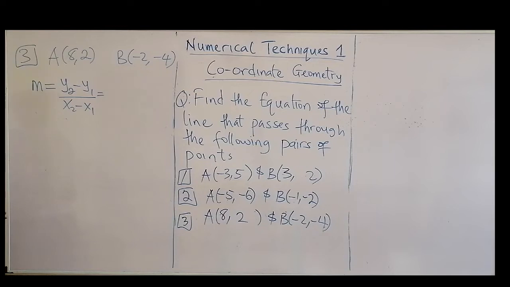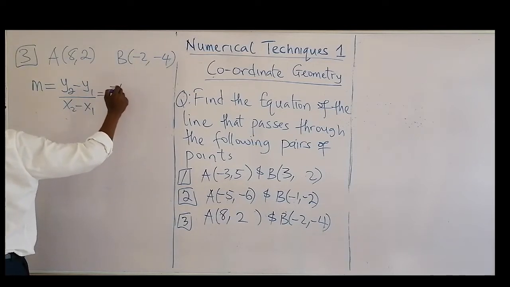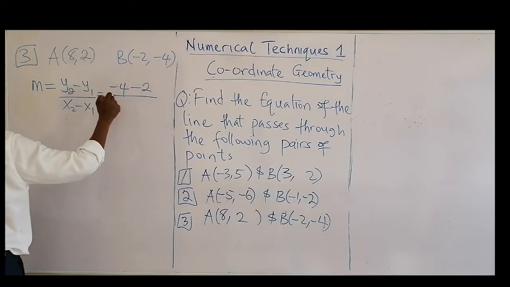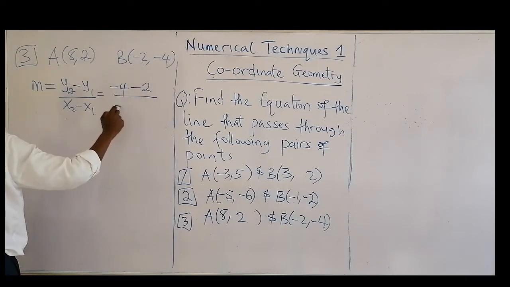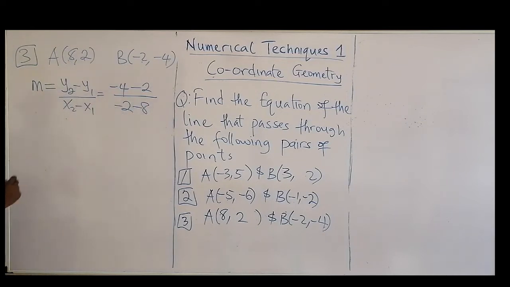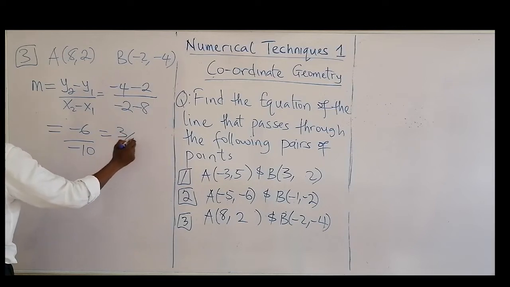Okay, and that will be equal to my y2, which is minus 4, minus my y1, which is 2, all over x2, minus 2, minus 8. So for the numerator, that will be minus 6 over minus 10, and that will give me 3 over 5.